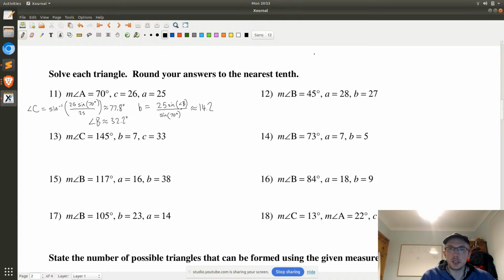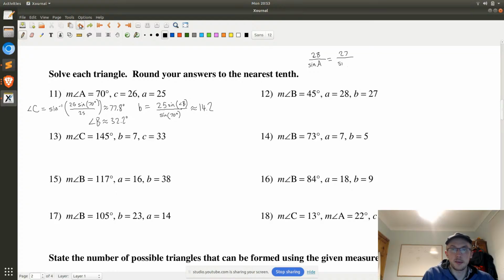All right, so we're told that 28 over sine A is 27 over sine 45. Forget that it's special for now. Just forget it. Why did I put that on top?